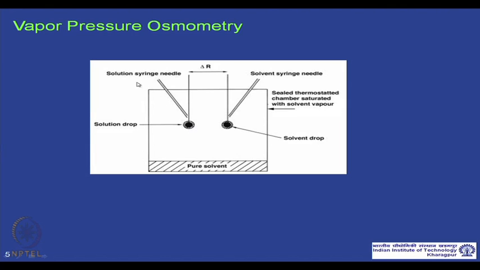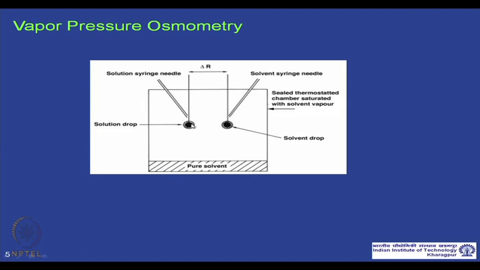Now, in the solution the solvent chemical potential is lower than in the pure solvent. So the vapor pressure of the solvent over the polymer solution will be lower, and as a result the solvent vapor will condense on this thermistor, and the heat of condensation will increase the temperature of this thermistor.